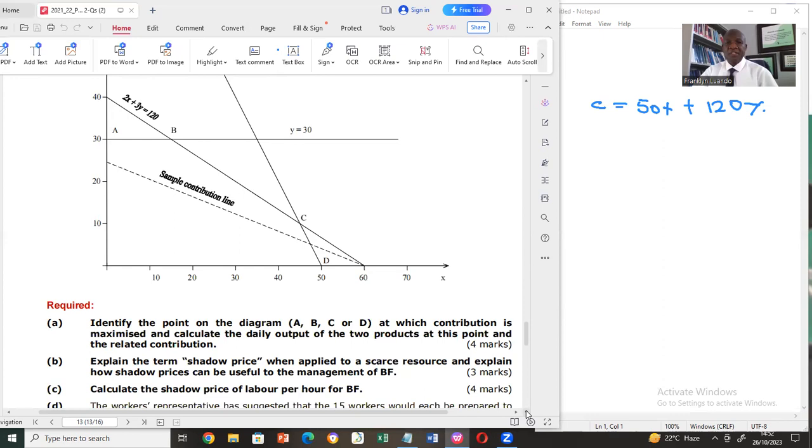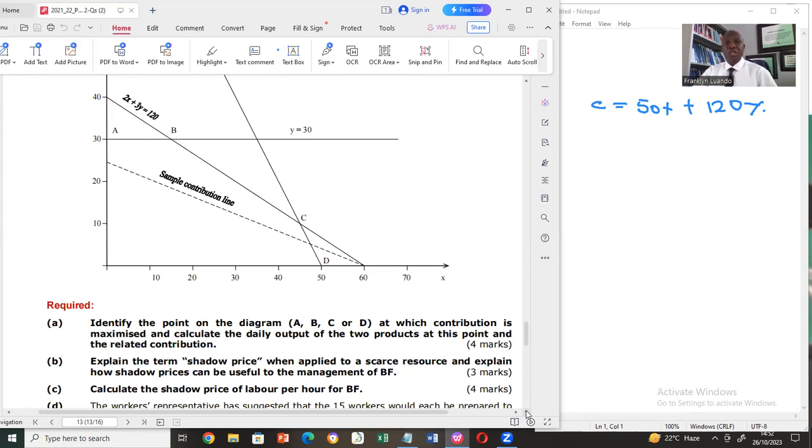The feasible region is the region where the optimum output is expected to be found.